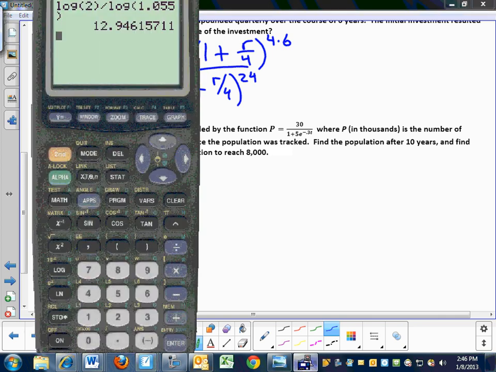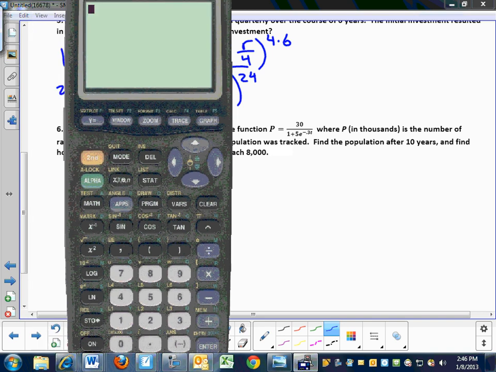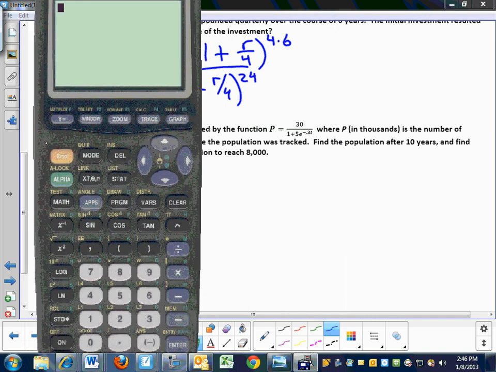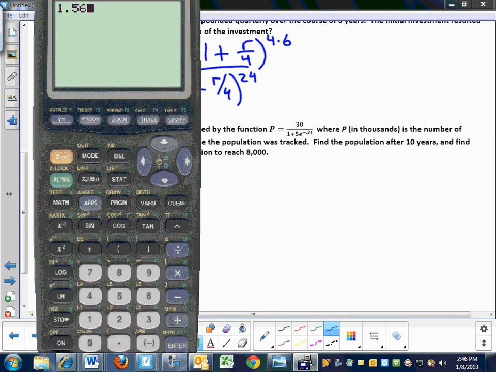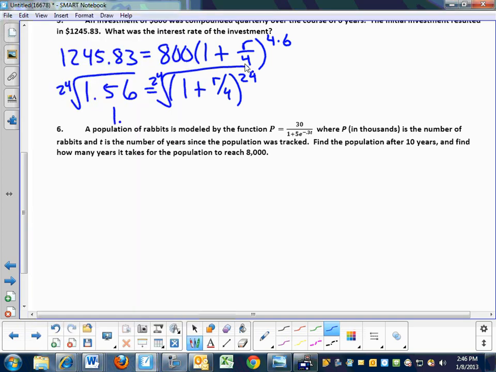In order to take the 24th root, what we do is we take 1.56 to the parentheses 1 divided by 24. 1.0187. 1.0187 is equal to 1 plus r over 4. How do I solve for that?